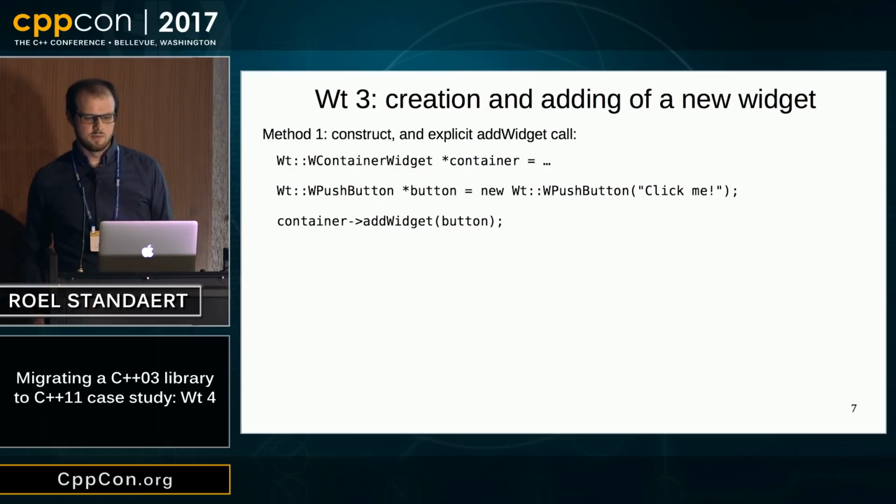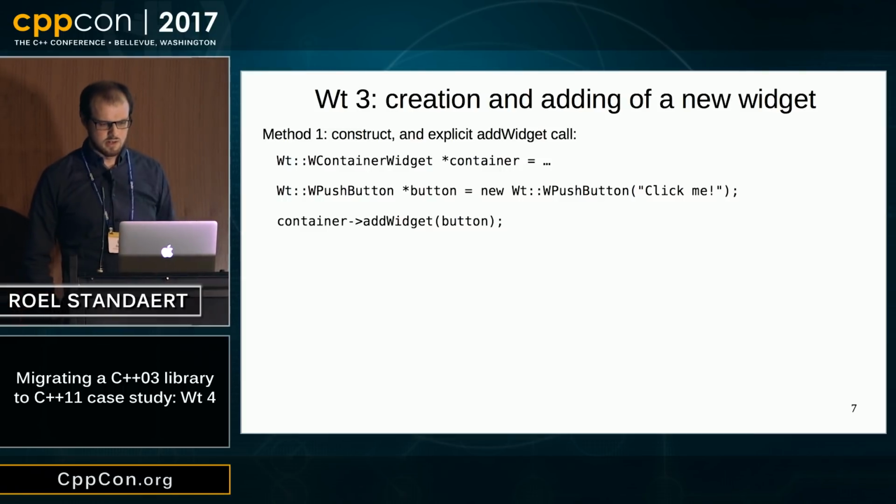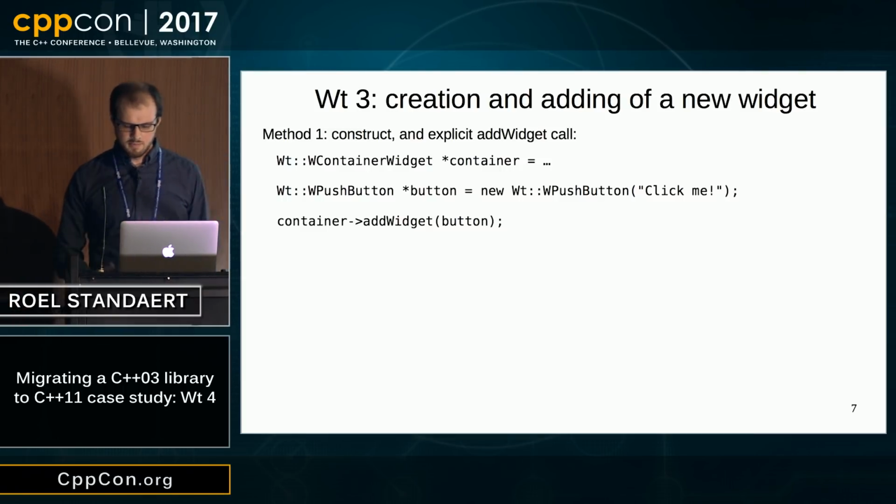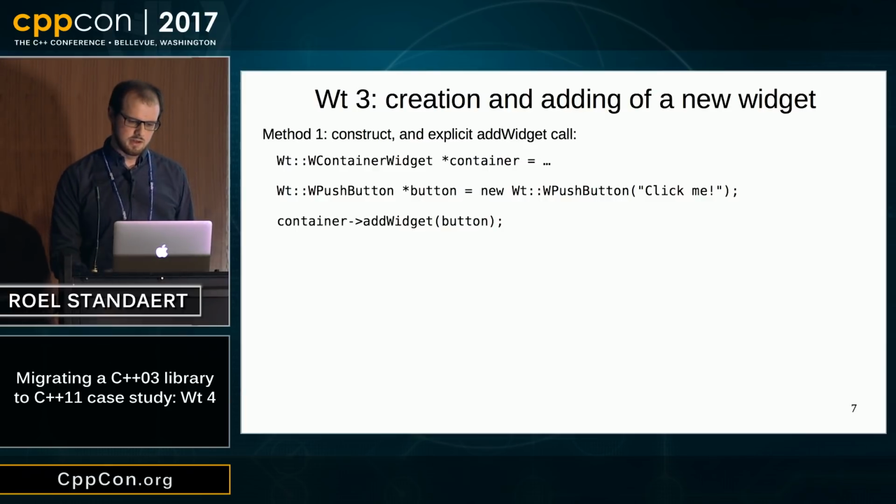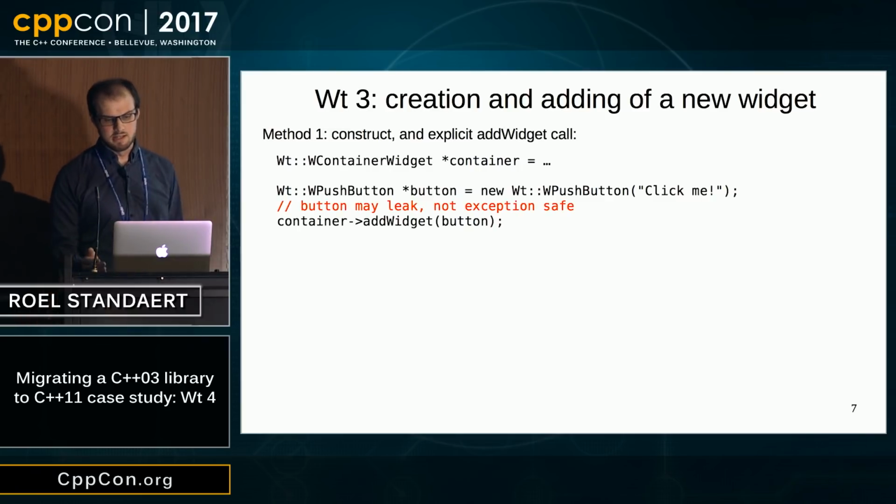the way that we did it in Wt 3 is that whenever you call addWidget, that would transfer the ownership to that container. But the problem with the typical Wt 3 code is, one, whatever happens between the creation of this new button and adding it to this container, something could throw there, and then you'd have a leak.